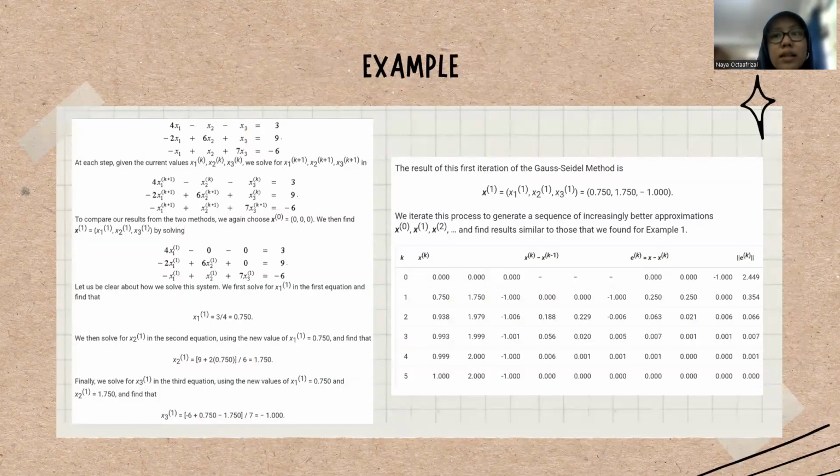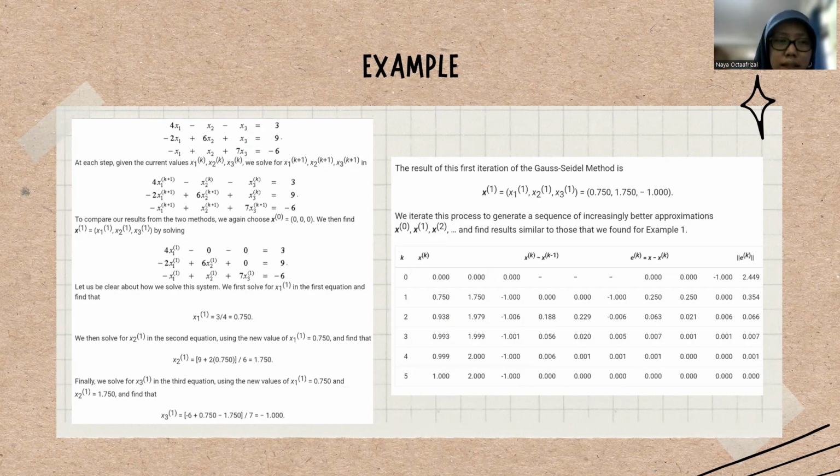Here is an example for the application of this method. We have 4x1 minus x2 minus x3 equals 3, minus 2x1 plus 6x2 plus x3 equals 9, then minus x1 plus x2 plus 7x3 equals minus 6.